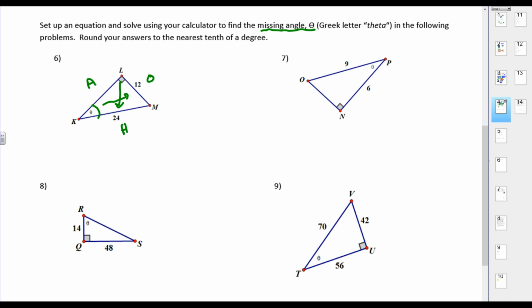And we take now the two things we're given, an O and an H, and we're thinking again about SOHCAHTOA. Notice this is the big idea in this whole lesson. So if I want O and H, that's a sine function. So I would say sine of theta equals O over H, which is 12 over 24.